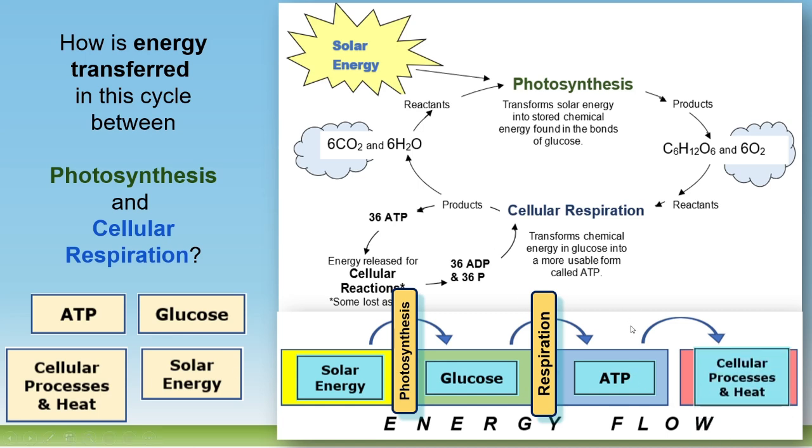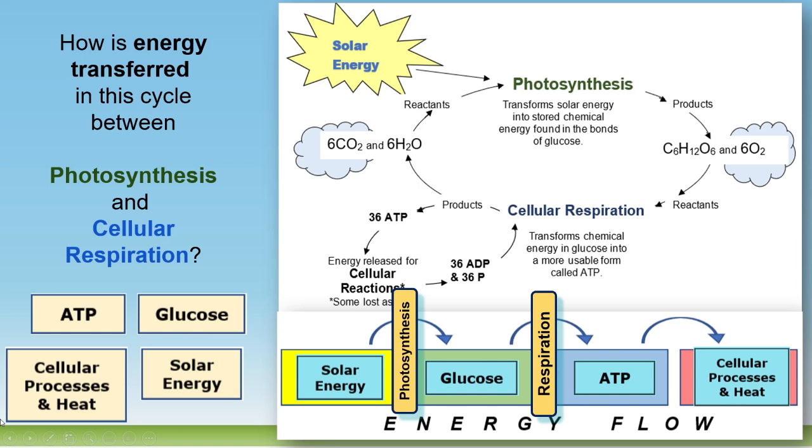Okay, so finally, we can see that the cellular processes and heat. So while this is a very good system, there's always going to be some energy loss, just like we saw in our food pyramid and ecology. There's always some energy loss to cellular processes and heat.